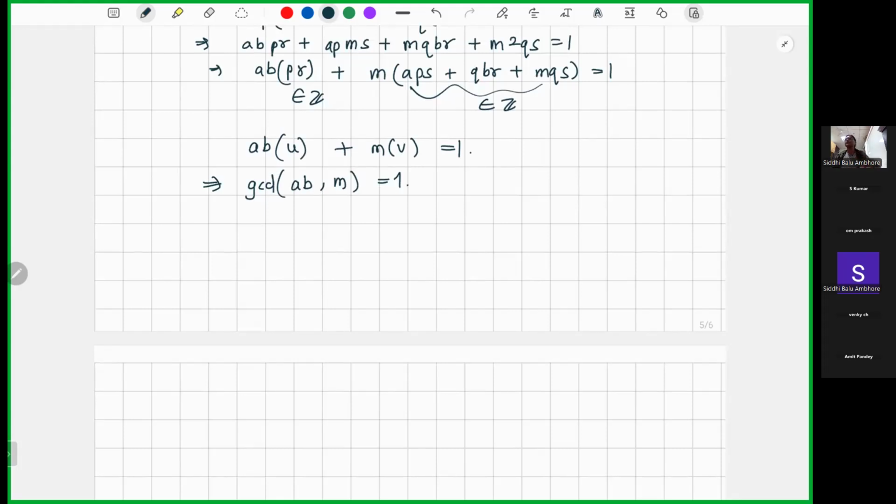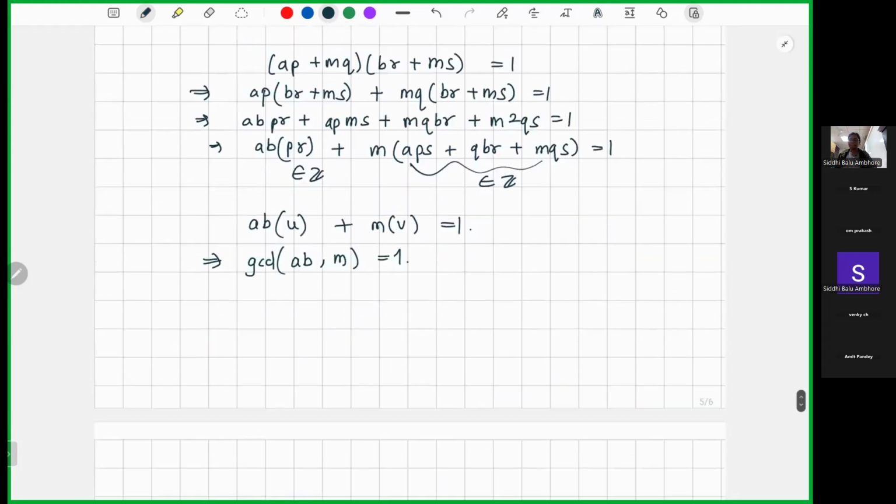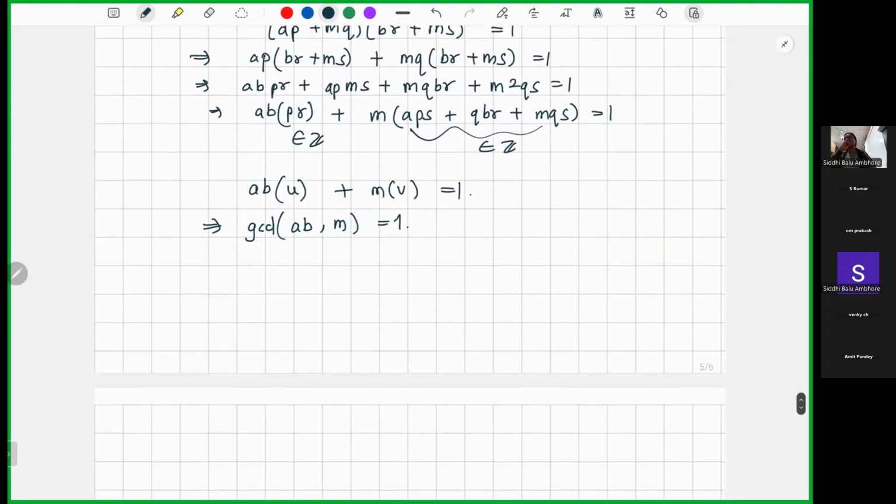We got the integers. Here we have to show that one is the minimum positive integer making this linear combination.